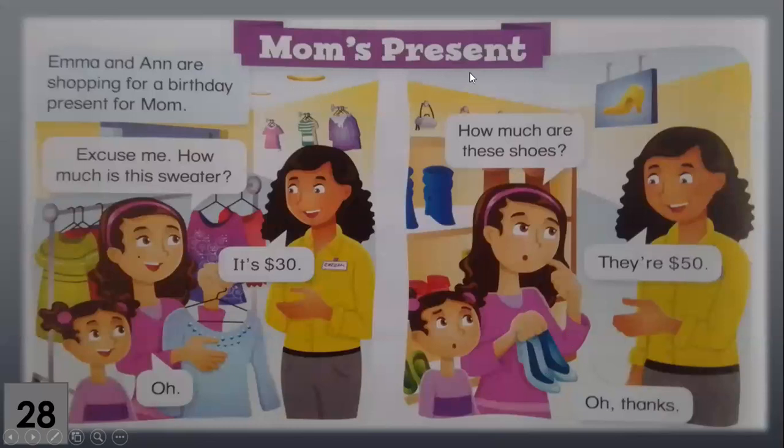Mom's present. Emma and Anne are shopping for a birthday present for Mom. Excuse me. How much is this sweater? It's $30. Oh. How much are these shoes? They are $50. Oh, thanks.